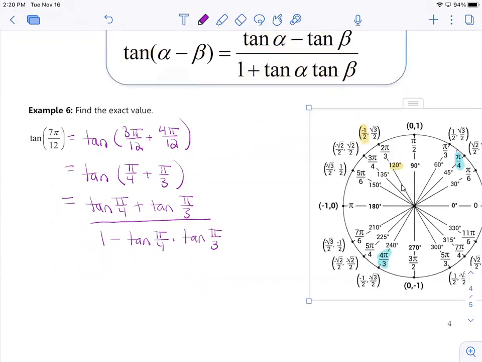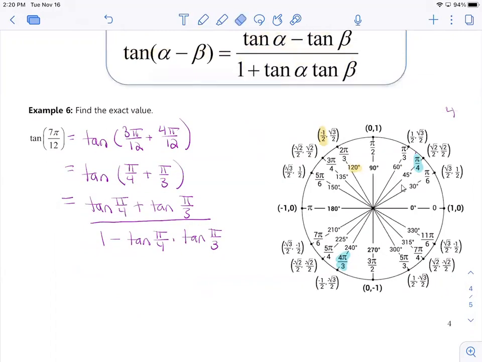So let's bring up this beautiful thing again. I'm going to focus my attention on pi over 4 and pi over 3. And we've talked about how to know what your tangent values are there. So tangent for pi over 4 here is just going to be 1.